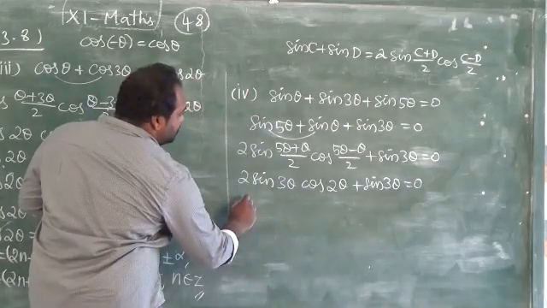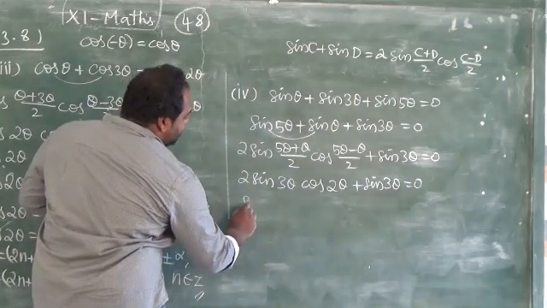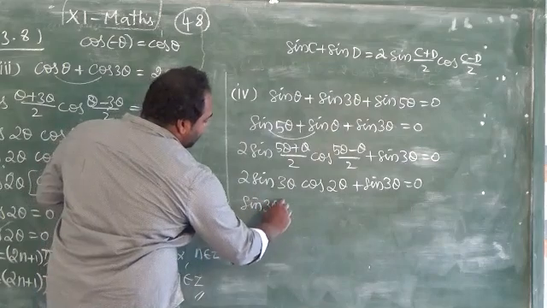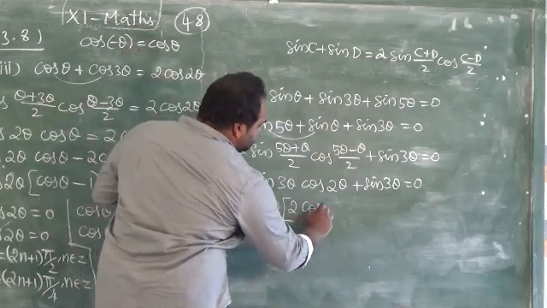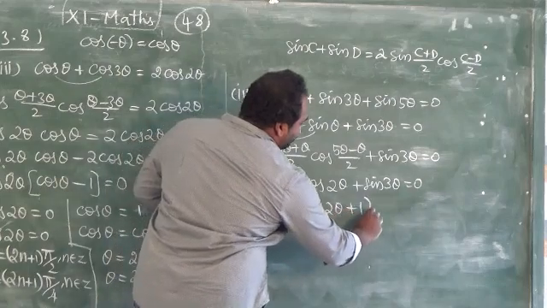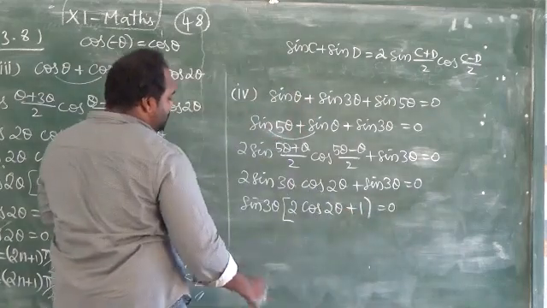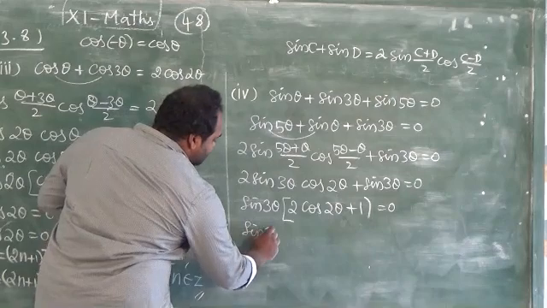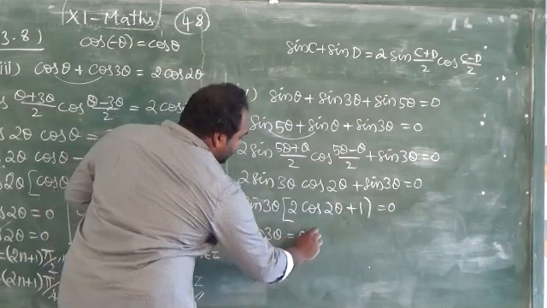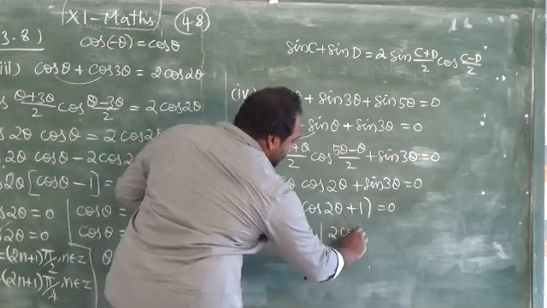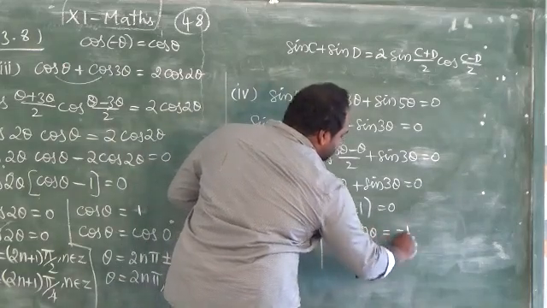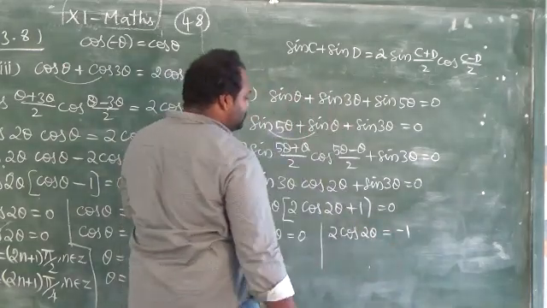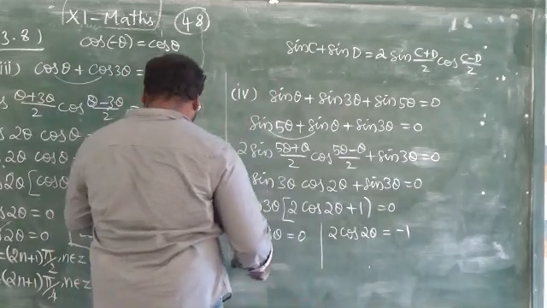Here sin 3 theta I am going to take commonly outside. Here (2 cos 2 theta plus 1) equal to 0. So sin 3 theta is one factor, and 2 cos 2 theta plus 1 is the other.